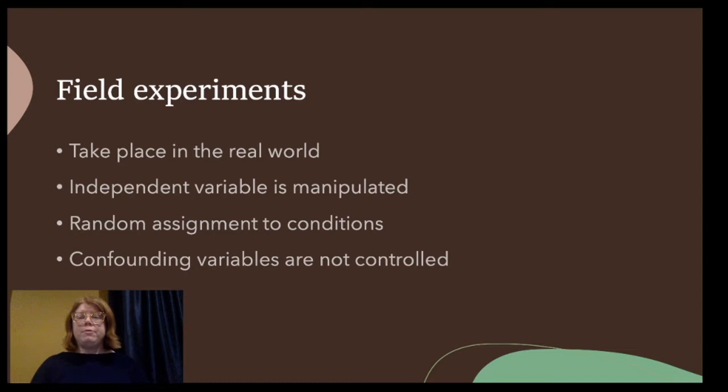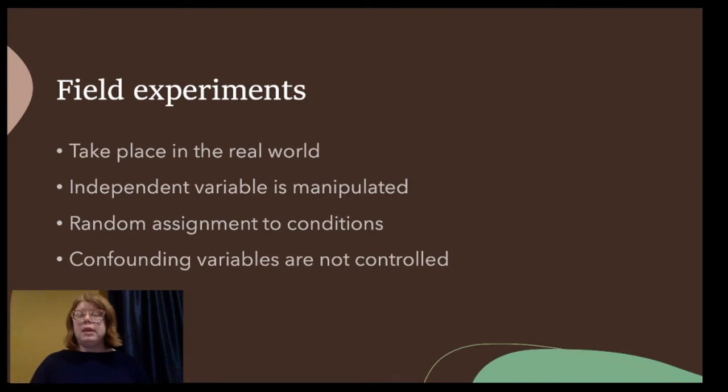An example of a field experiment would be asking people in a school to take different versions of the same test to see if the way the test was worded made a difference in how people performed.